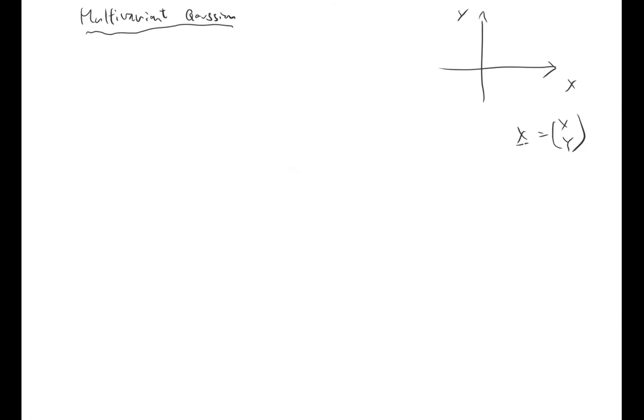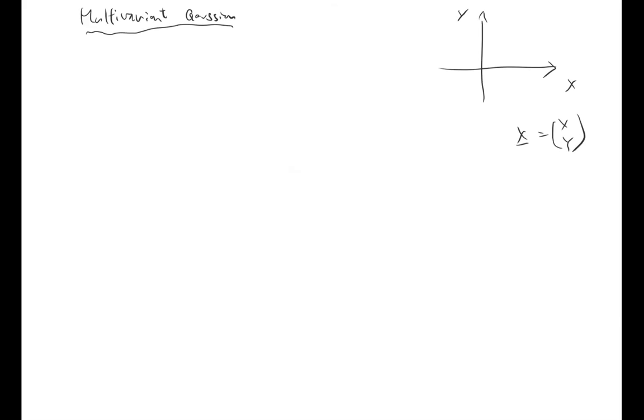Okay, I'm thinking whether I should go to the multivariate Gaussian. It's good to know multivariate Gaussian. So basically, you have a multivariate Gaussian. For example, if it's 2D, let's say I have both x and y here, right? So I can think of a vector x as basically x and y, two variables.